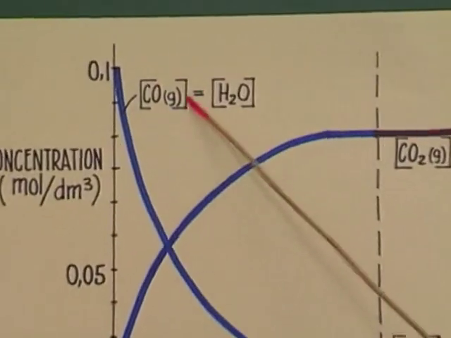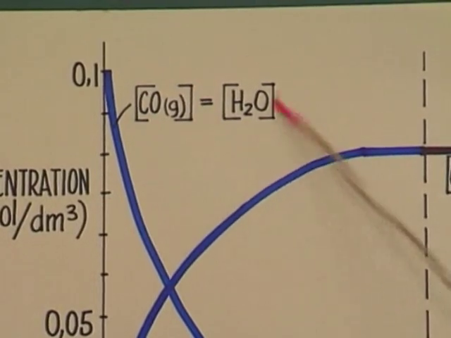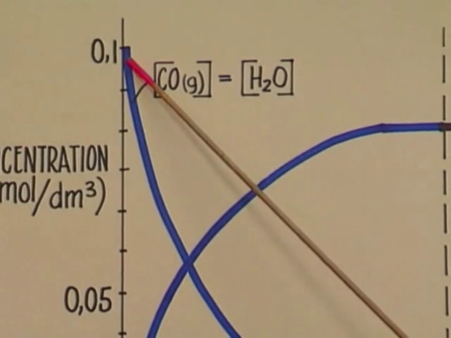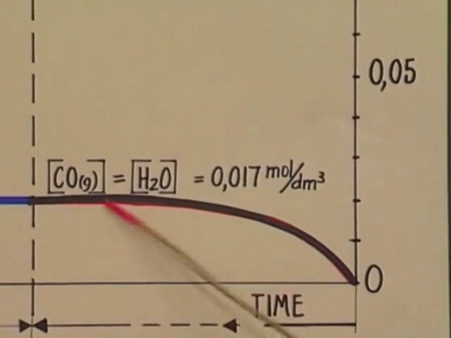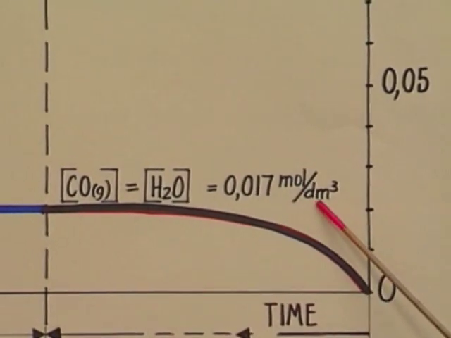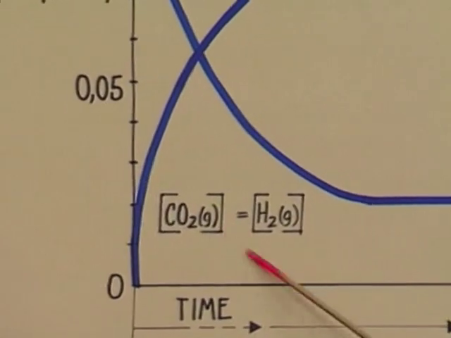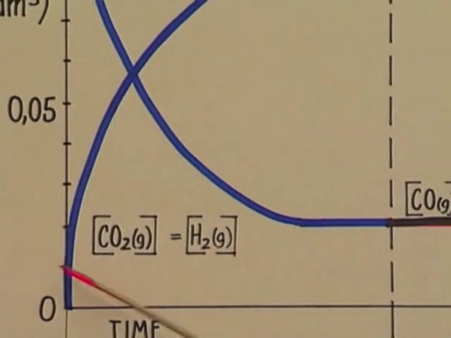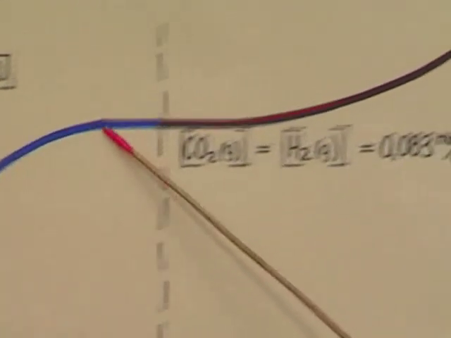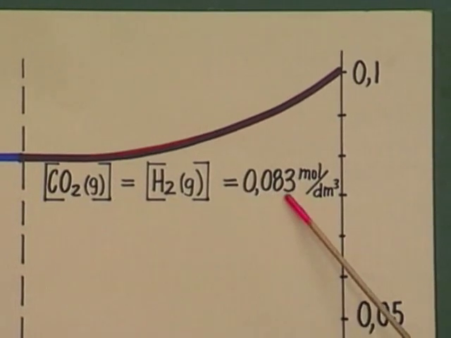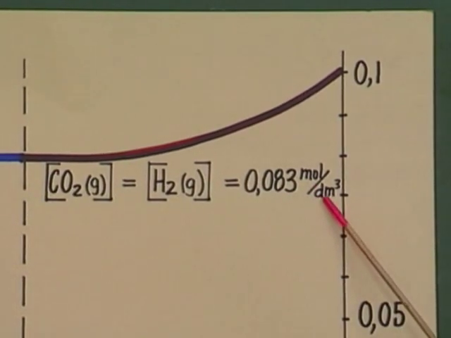The concentrations of the reactants carbon monoxide and water decrease from 0.1 mole per cubic decimeter to its final equilibrium value, which remains constant at 0.017 mole per cubic decimeter, while at the same time the concentrations of the products, carbon dioxide gas and hydrogen gas, increase from 0 to its equilibrium value, where it remains constant at 0.083 mole per cubic decimeter.